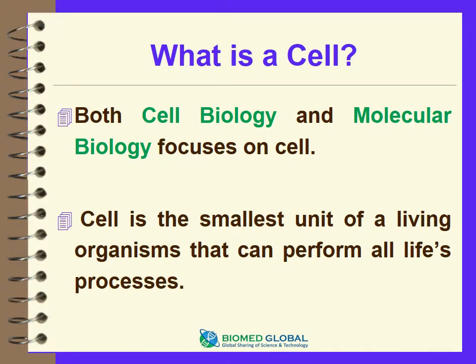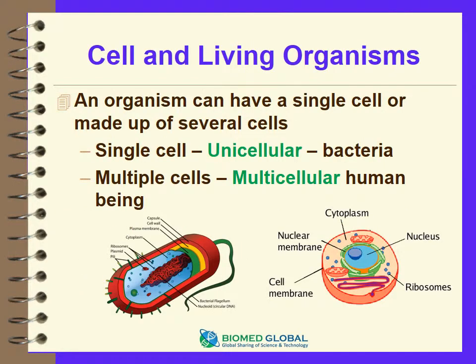To start with cell biology, what is a cell? A cell is the smallest unit of a living organism that can perform all life processes. Both cell and molecular biology are based on the cell. A living organism can have a single cell or be made up of several cells.